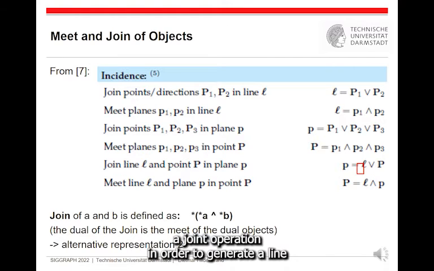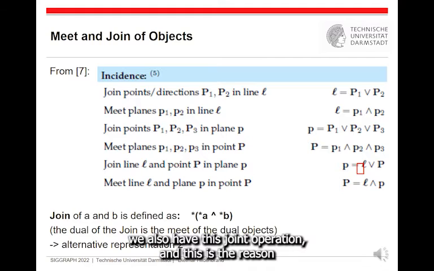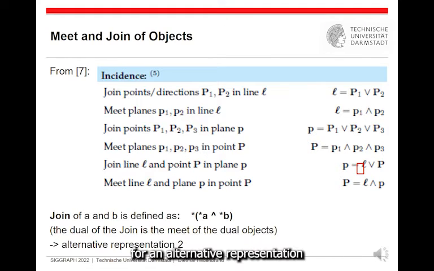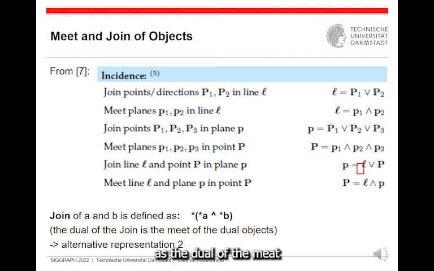A join operation in order to generate a line based on 2 points which have to be joined to one line, or join 3 points in order to get a plane, and so on. This is the reason for alternative representation 2, which we will see in a minute. The join operation in principle is defined as the dual of the meet of the dual objects.